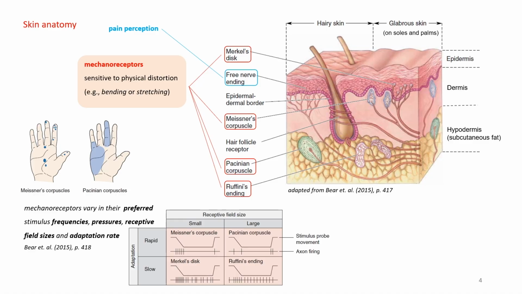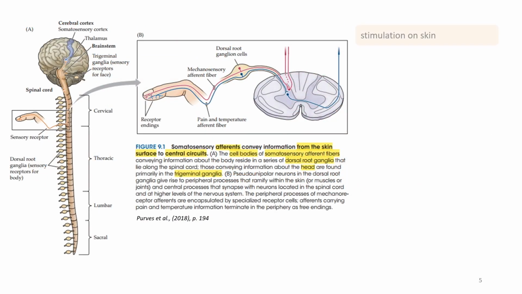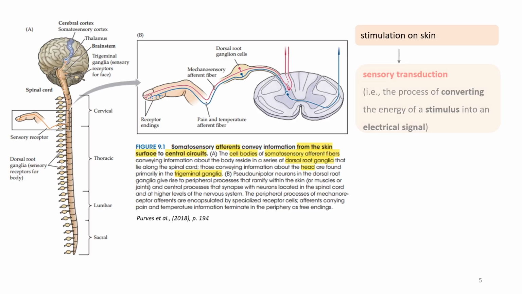Now, the mechanoreceptors are numerous, and they tend to preferentially pick up on a variety of stimulus frequencies and pressures, and they have varying receptive field sizes and also adaptation rates. Now, what happens when we stimulate one patch of skin? Let's say we touch something with the tip of a finger.